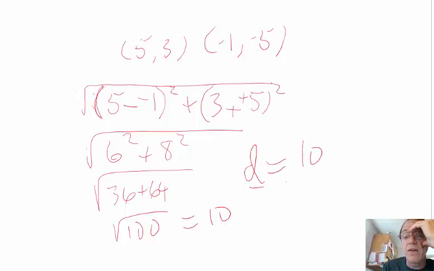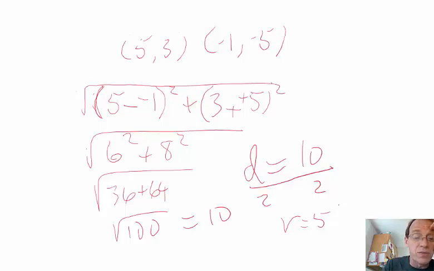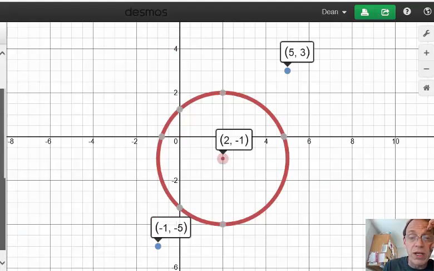But the radius is half of that, so I've got to divide it by 2. So the radius is 5. Well, I sure like the radius of 5 today for some reason. But that now tells me what my radius needs to be. My radius needs to be 5. So if I can just make that 5, we're good.